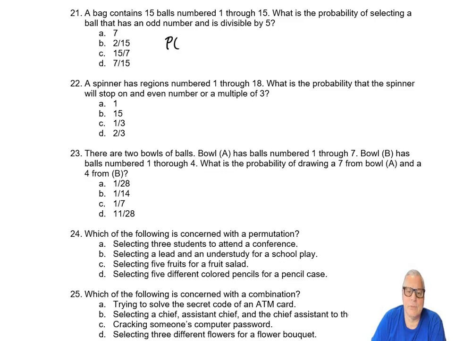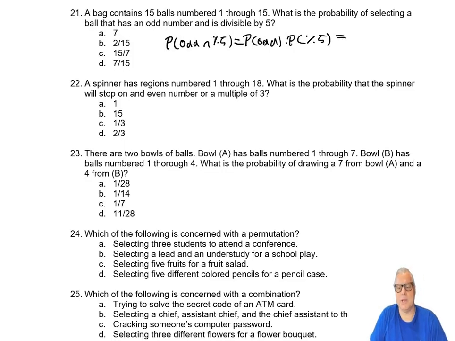So we want to know the probability of odd, and that's the multiplication rule, and divisible by 5. Okay, so what's the probability that it's odd, times the probability that it's divisible by 5.